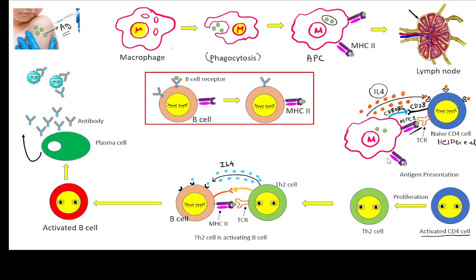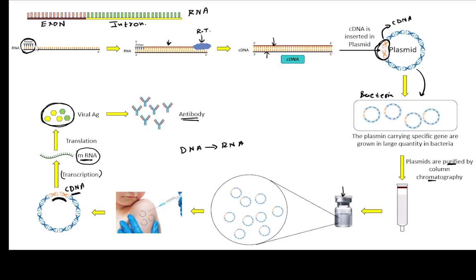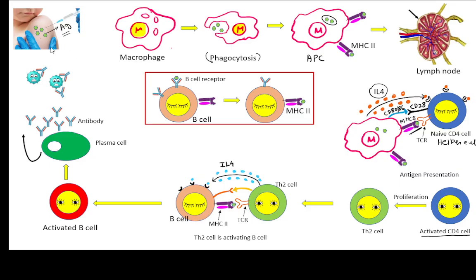So let's look at how the immune system will recognize the antigen and produce antibody against it. As we see from the picture, the DNA vaccine is administered in our body, and by this process the viral antigen will be produced in our body. As the viral antigen is foreign, the macrophage recognizes the antigen and undergoes phagocytosis.